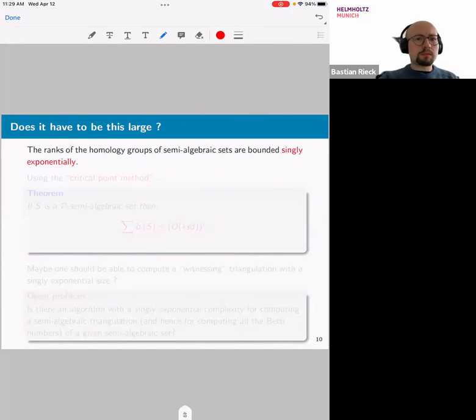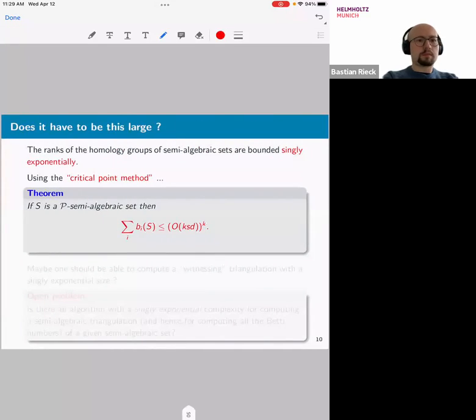However, you might ask, does it have to be this large? In fact, there are upper bounds on the Betti numbers of semi-algebraic sets. These are usually proved using some version of the critical point method, which in the smooth case is just Morse theory. And there's this theorem which has a long history in the sense that it has been proved in steps.